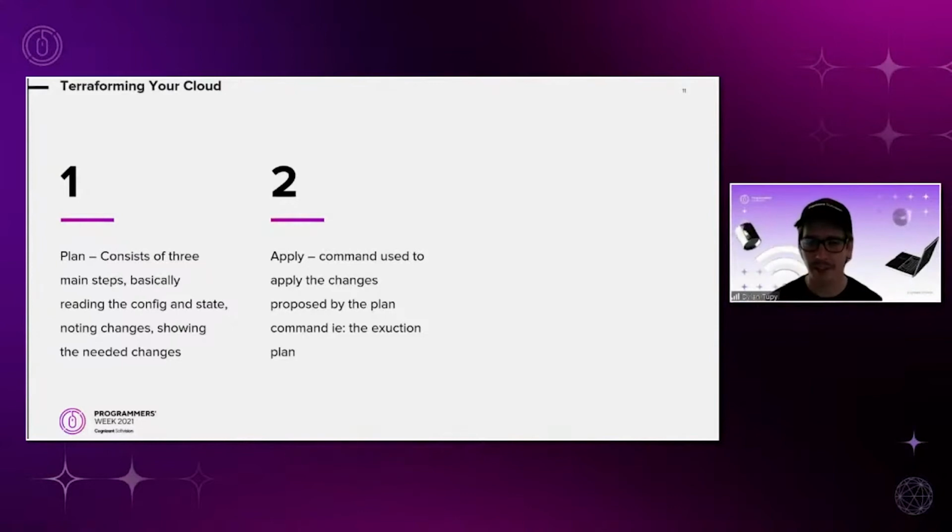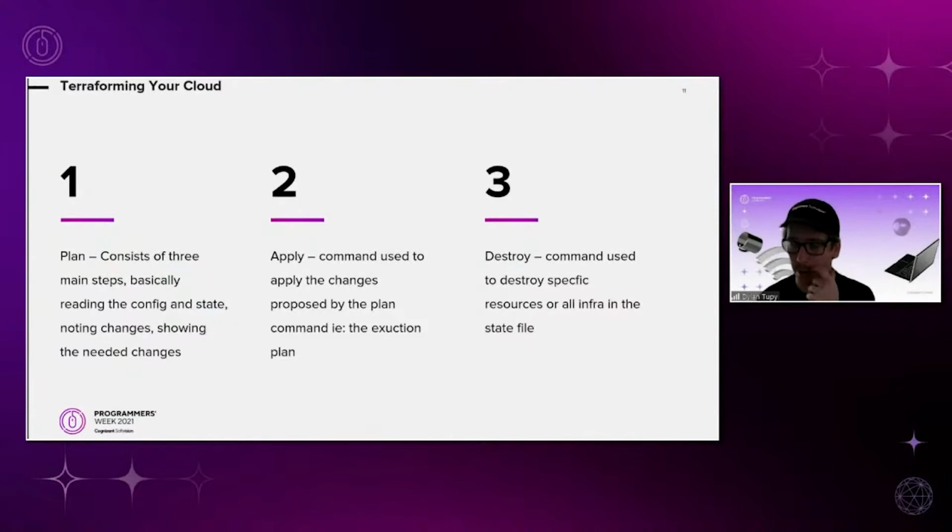And the final thing you can do is you can actually destroy infrastructure using Terraform. So you can destroy everything in your state file. You can destroy specific resources. It's very easy to tear down and build up different environments very quickly with this tool and these simple commands.